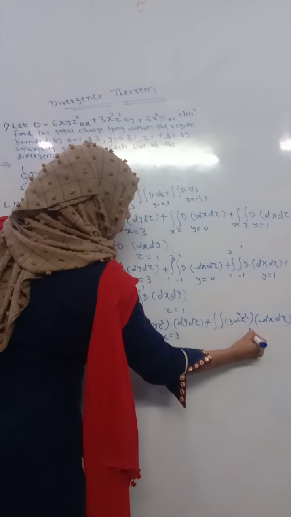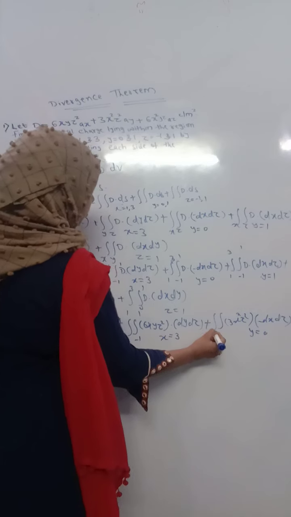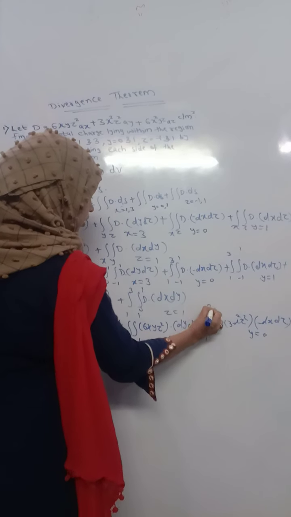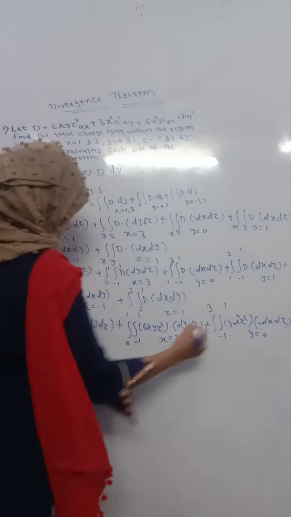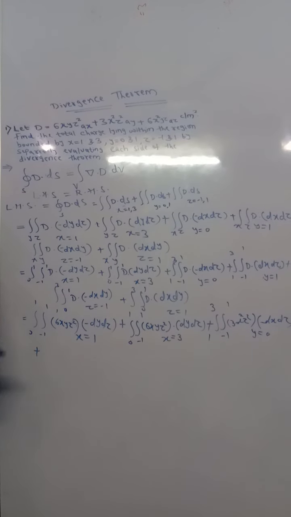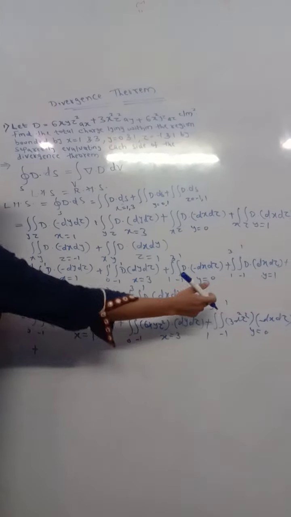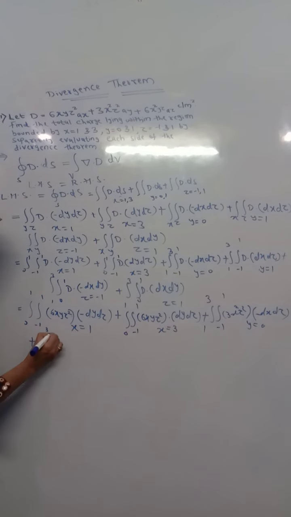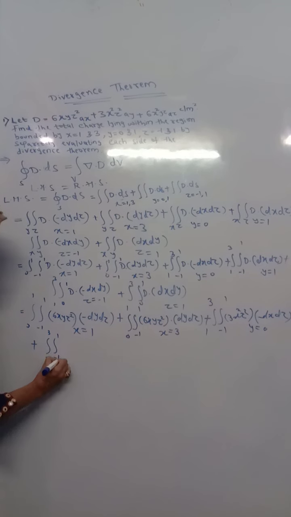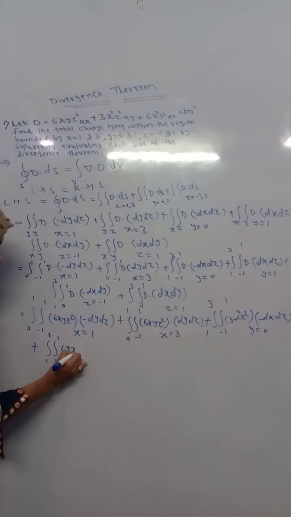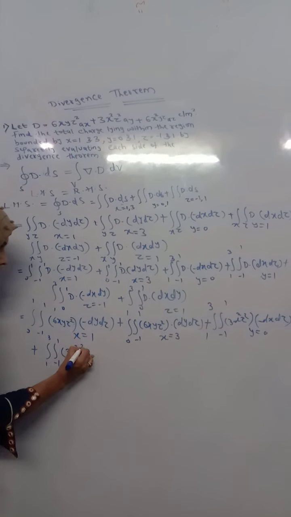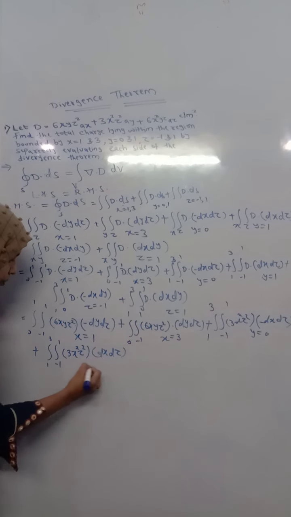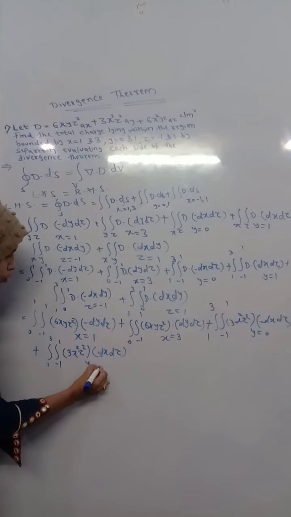So y is equal to 0, and the limit for y is 0. Then 1 3, minus 1 1, plus I am doing here; one part remains for this one. Again apply the limits 1 3, minus 1 1. So here 3x square z square dx dz, and you are applying y equal to 1.